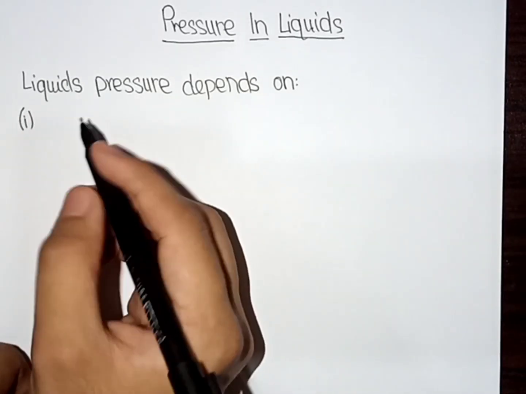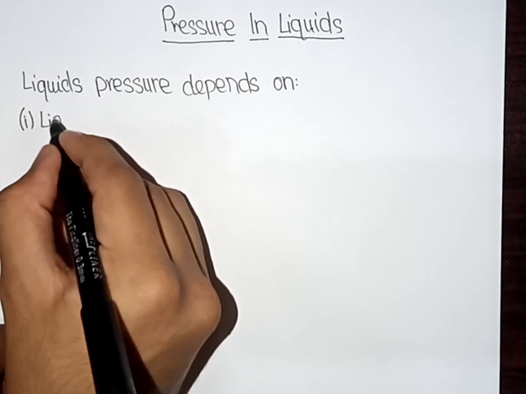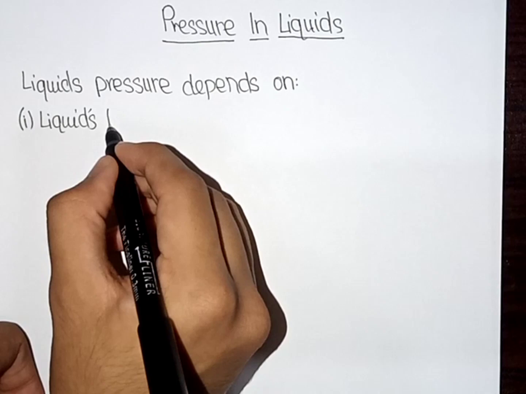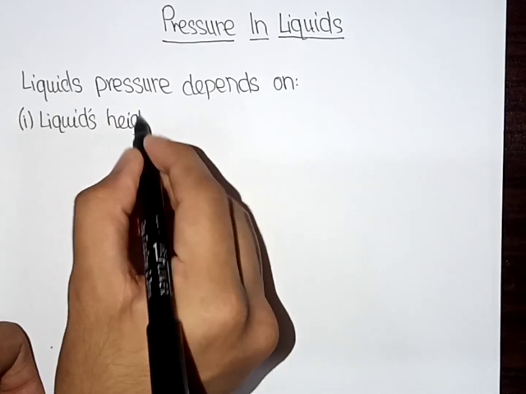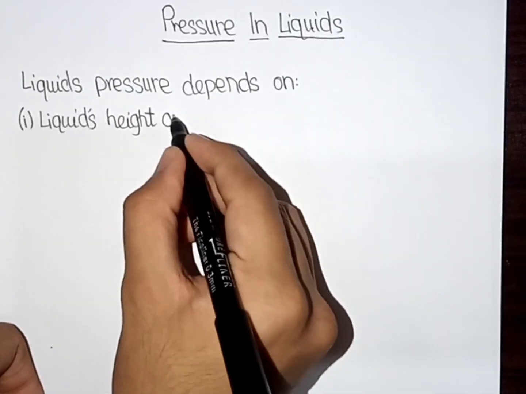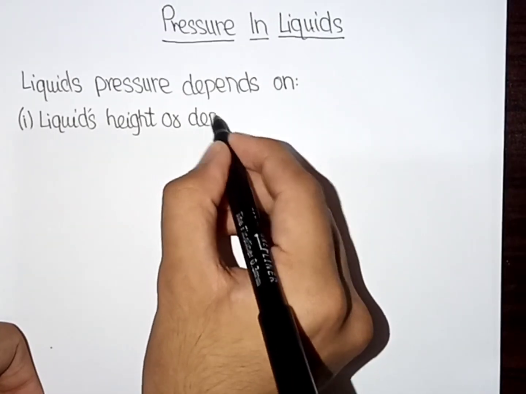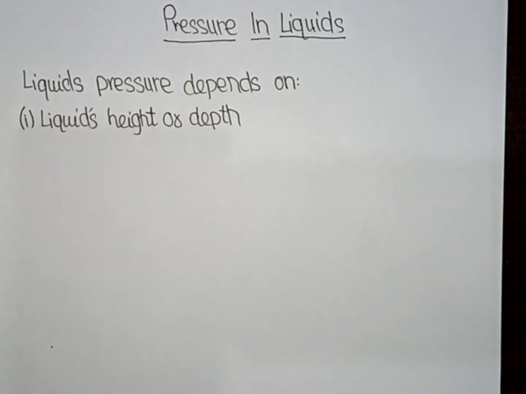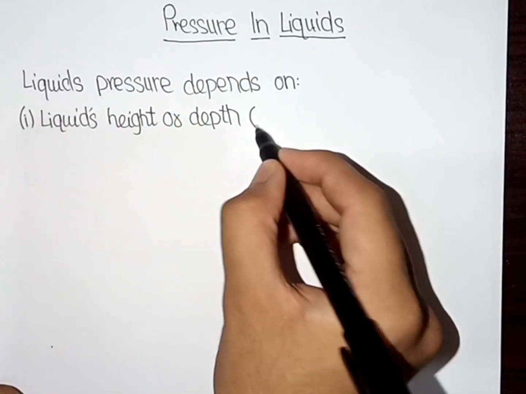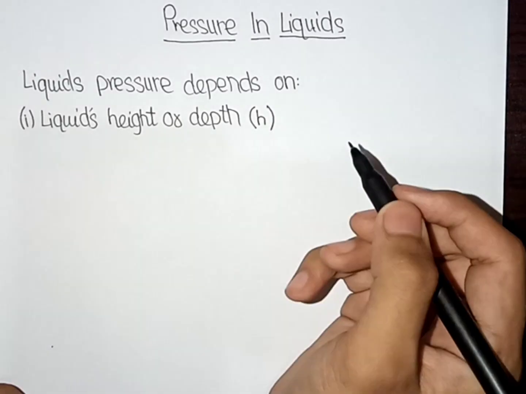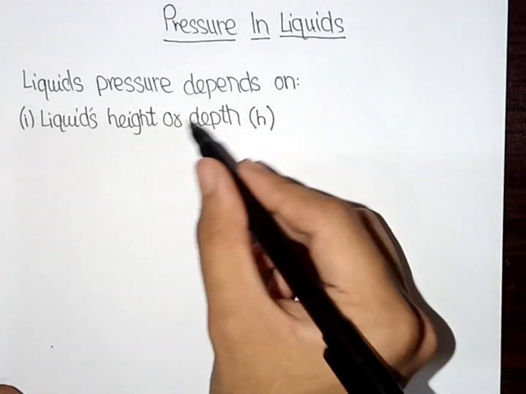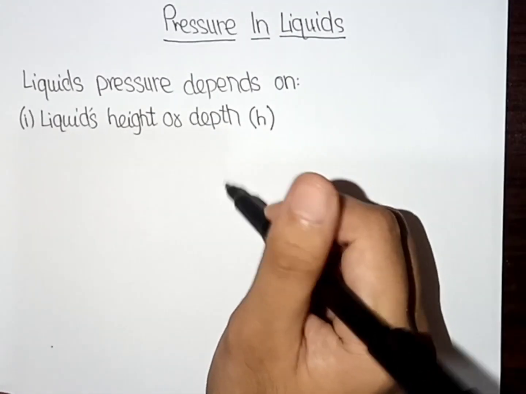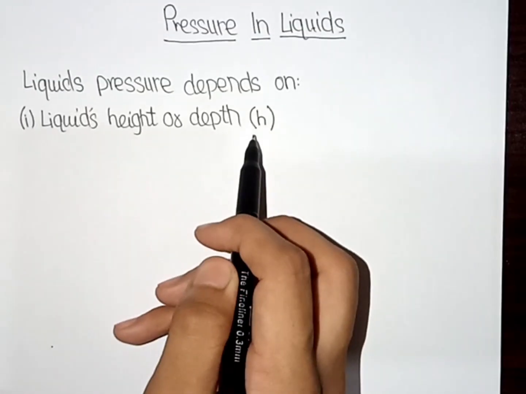First is the liquid's height or depth, which is represented by h. Remember, h represents height or depth. You know that h represents height in maths. Liquid's height is represented by h.